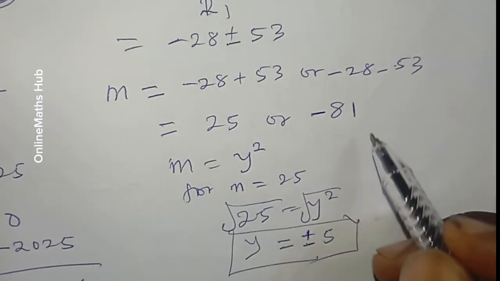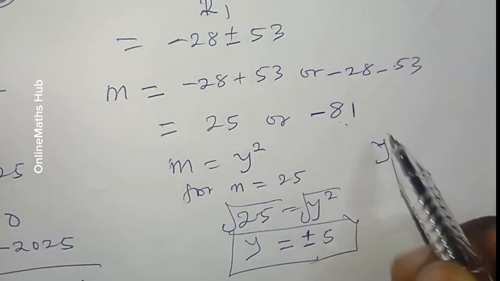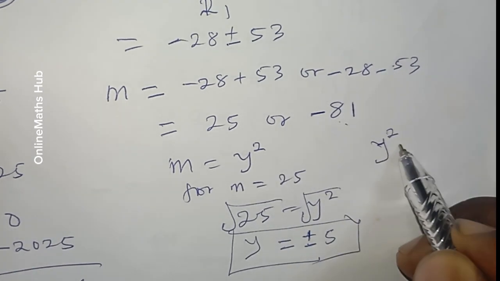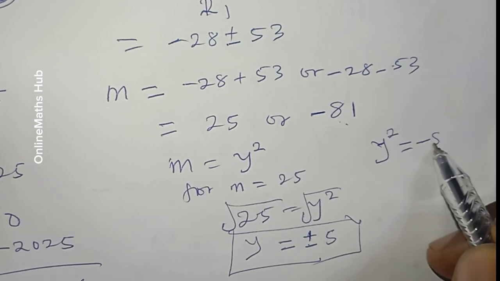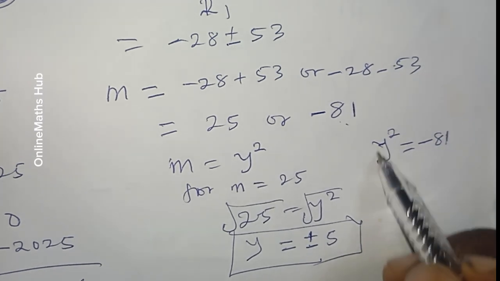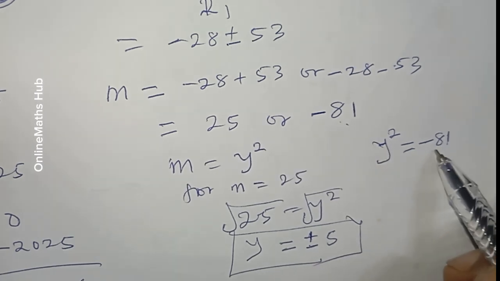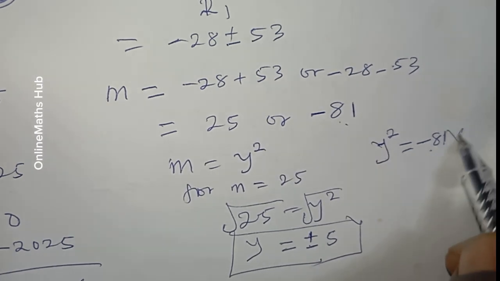Okay, and then of course if we want to solve for this, this does not actually have a solution, because y squared is equal to minus 81. So there is no real value of y that will give you a negative number, so this does not have a solution.